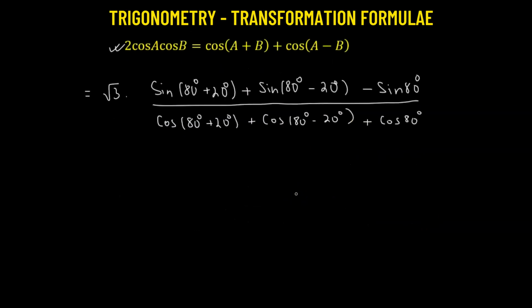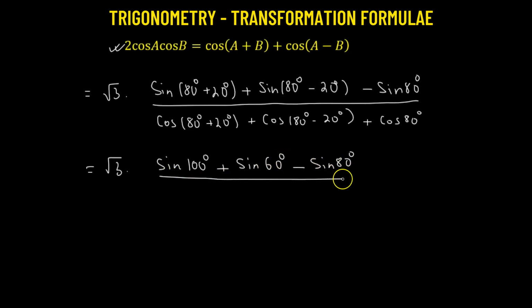Now further simplification is going to give us square root of 3 times the sine of 80 plus 20, so that's going to be sine 100 degrees, plus sine 80 minus 20, so that's sine 60 degrees, minus sine 80 degrees. Whole divided by cosine of 100 degrees plus cosine of 60 degrees plus cosine of 80 degrees.